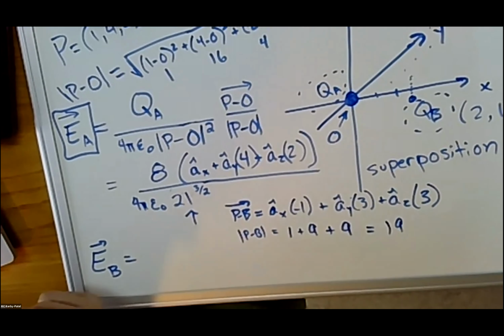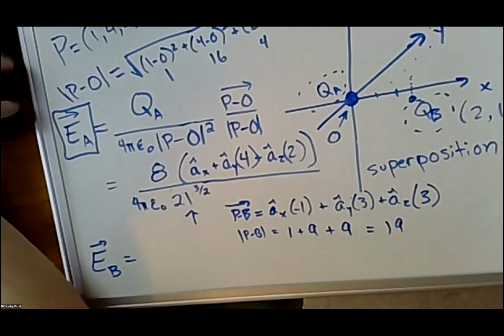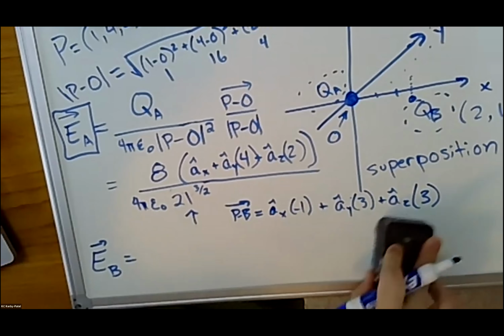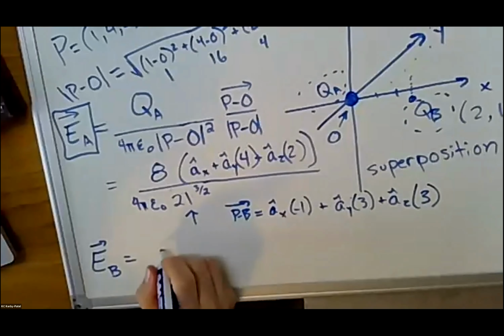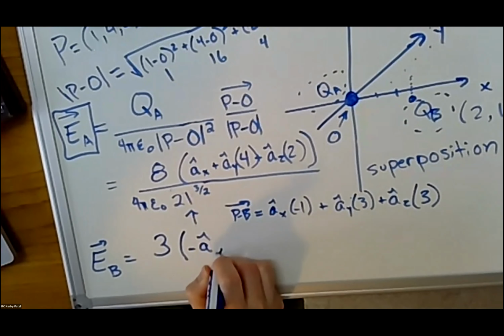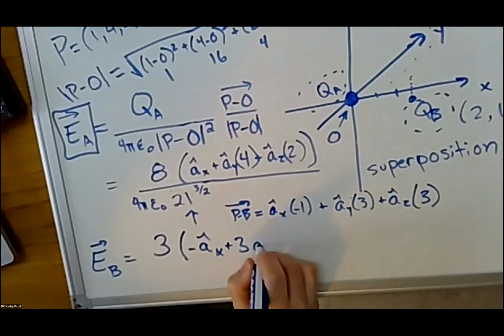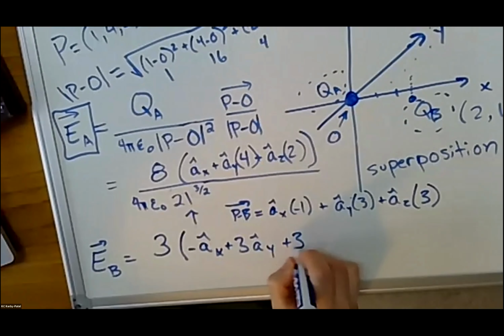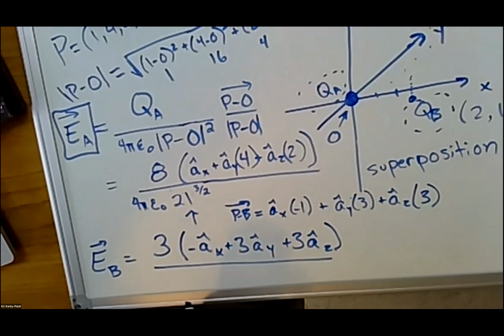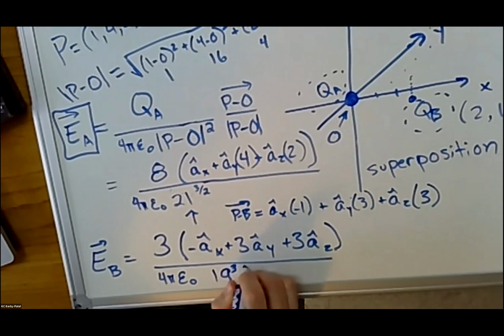So then we end up with, for electric field B, 3 coulombs times minus a hat x plus 3 a hat y plus 3 a hat z divided by 4 pi epsilon naught times 19 to the 3 halves.